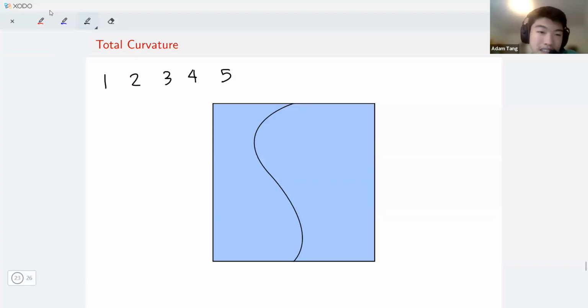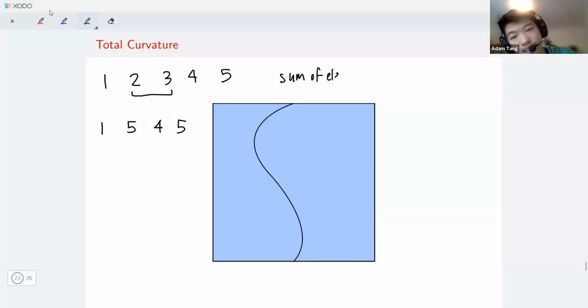The operation is taking any two numbers and adding them. So for example, we could take these two numbers and get the number 5 and consider the whole sequence again. Well, then the invariant is the sum of elements. You can see that this number will always stay 15.